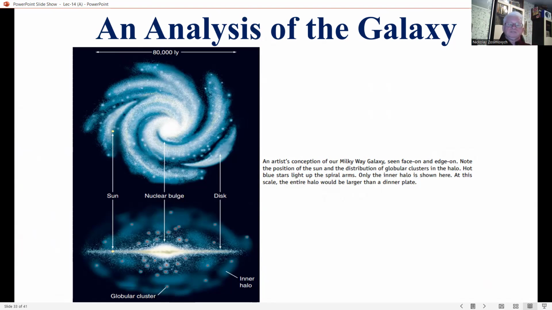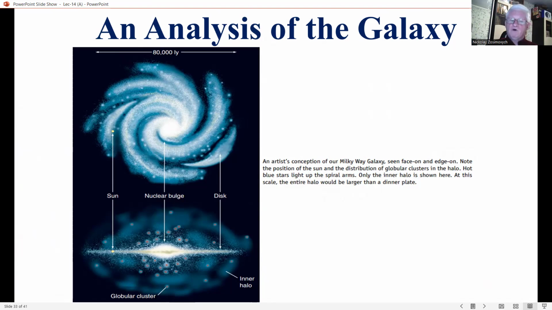This includes stars, open star clusters, and nearly all of the galaxy's gas and dust. Because the disk contains lots of gas and dust, it is the site of most of the star formation and is illuminated by brilliant blue massive stars. Consequently, the disk of the galaxy tends to be blue.